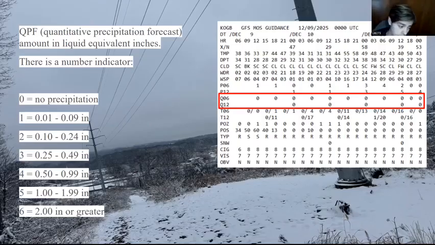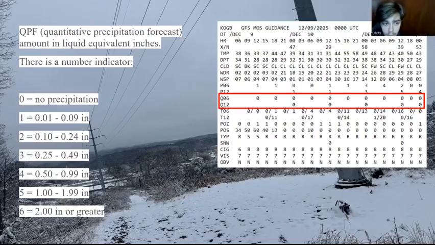We have some thermodynamic processes that are beyond my qualifications to explain exactly how all that works. But you have to make sure that you know that it's the liquid equivalent of what precipitation we have. But there's all zeros in this case, so there's not expected to be any actual QPF for Orangeburg in the next couple days.